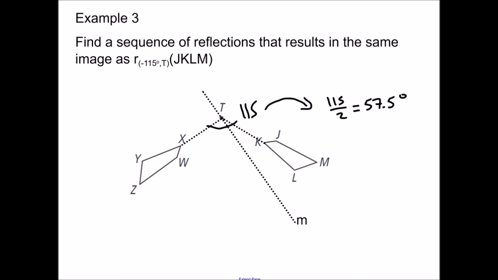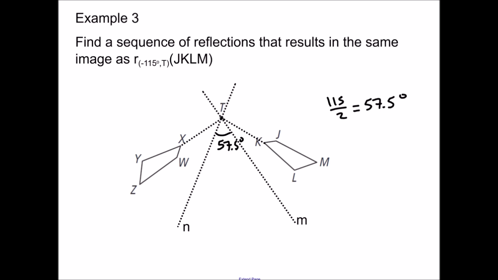And that will tell me I need to draw a line that is 57.5 degrees away from line M, using the protractor, of course. Once you measure that angle with the protractor, then you can go ahead and draw the line that cuts through T, and that will be your other line of reflection, N. And that is it. So those are my 2 reflections.